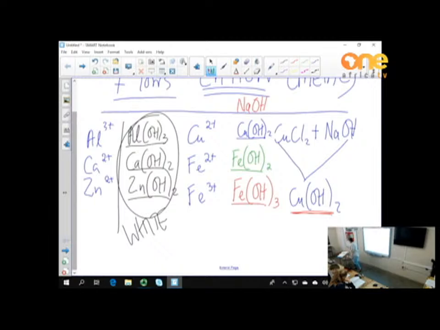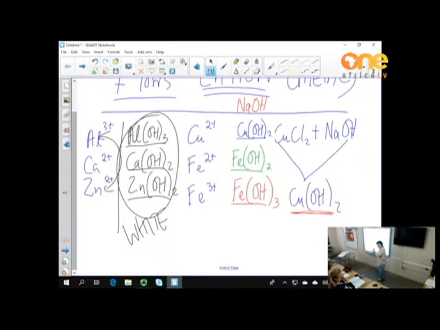Now, the second step, we now go and add excess sodium hydroxide. We find that aluminium and zinc will disappear in excess. Calcium will remain. So, I've got my test tube. I've put a few drops of sodium hydroxide into it. I get a white precipitate. I must immediately know I've either got aluminium, calcium, or zinc.